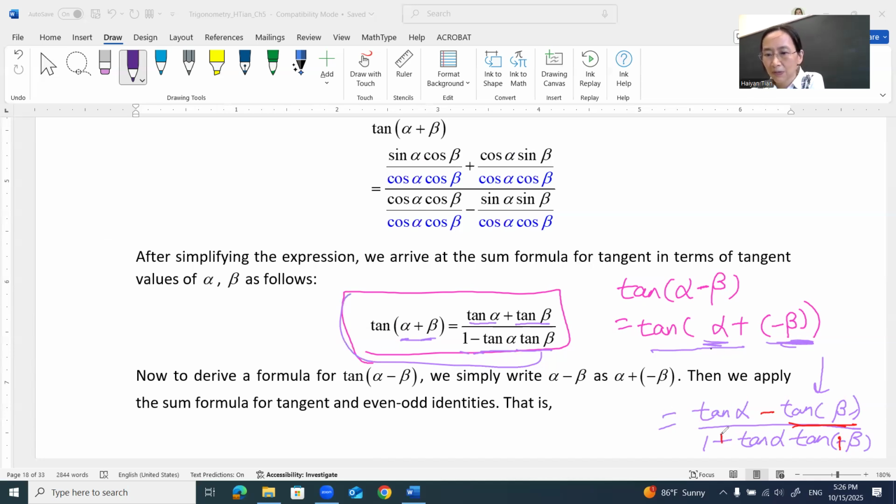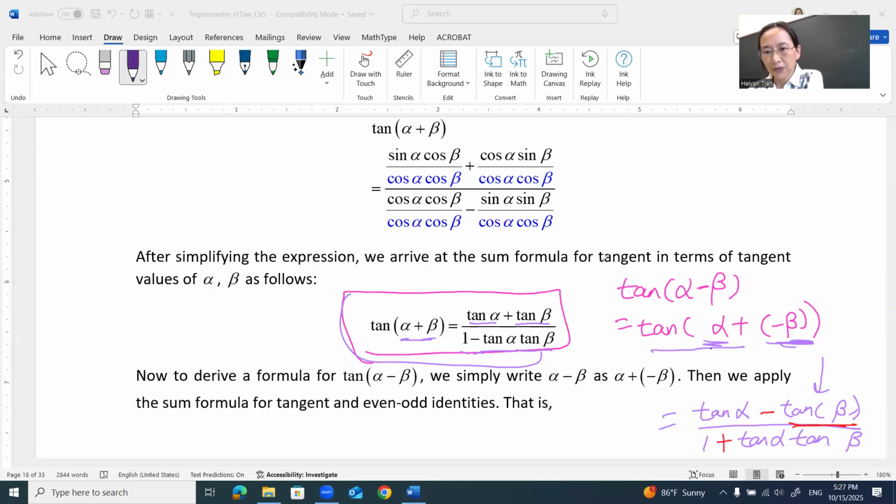So negative will become positive, right? So in front of beta, we get just simply beta. That negative sign can be moved outside because tangent beta is an odd function. Tangent negative beta is negative tangent beta, so the previous negative becomes positive. So I just put positive here.